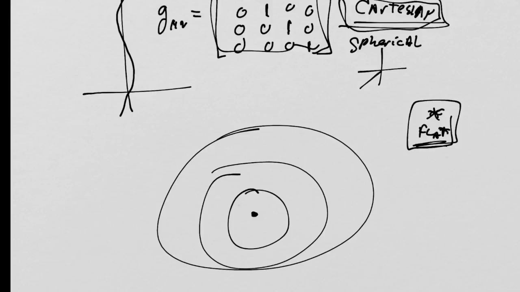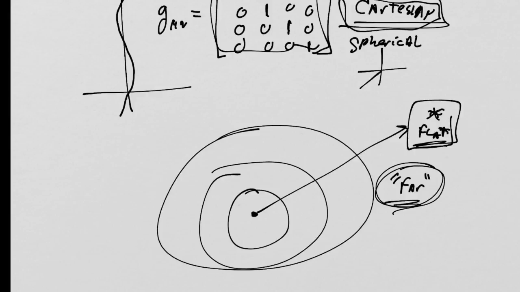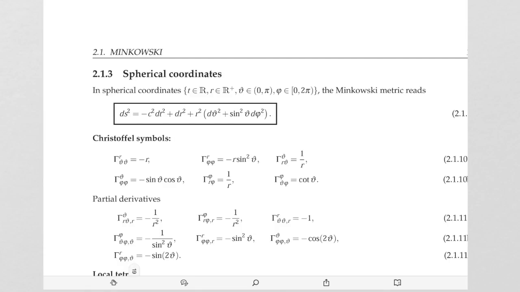So far, far away, and we don't know what far means yet, right? We don't quite know what far means, but whatever far means, one of the ways of defining far is that space-time in whatever place is far is going to be asymptotically flat. Now we know what a flat space-time looks like in spherical coordinates because we've gone to the catalog of space-times.